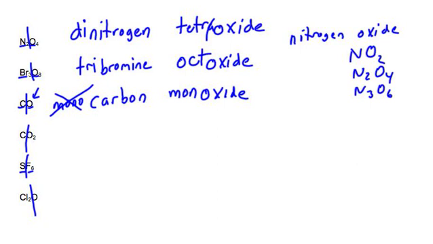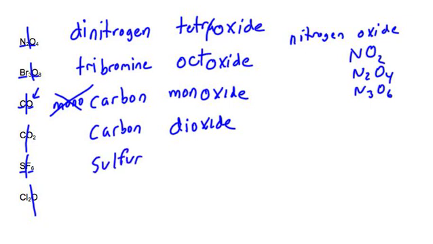Same thing for the next one. We all know what CO2 is, right? It's carbon, and 2 is di. It's carbon dioxide, so not monocarbon dioxide, just carbon dioxide. SF6, sulfur. Six, I'm going to show you in a minute, is hexa. It's sulfur hexafluoride.